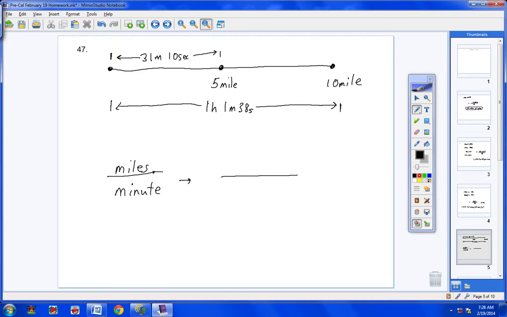Now, it says they want to find her miles per minute from this point here to this point here. I'm going to change colors of ink. So the miles part is easy. We know how many miles she ran from here to here, don't we? From the 5-mile mark to the 10-mile mark, she ran how many miles? 5. That's easy. Now we got to find the time.